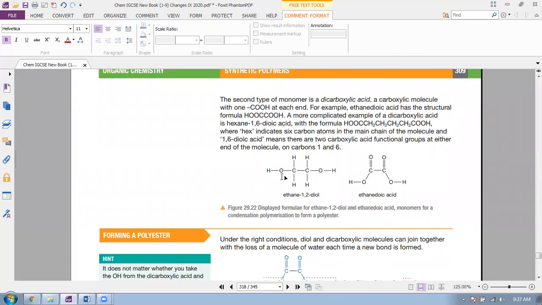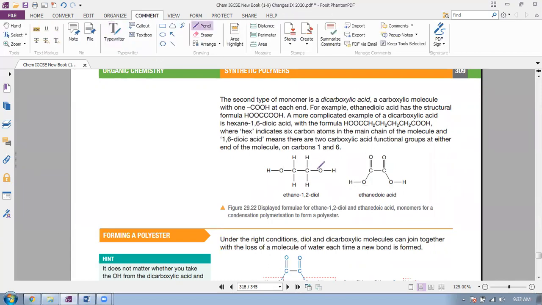There are two other monomers we can see here in the diagram in figure 29.22. This is ethane 1,2-diol. This is ethane dioic acid. They can be joined together to form the long chain polymer. In this case, this hydrogen and this hydroxide will go to form water.